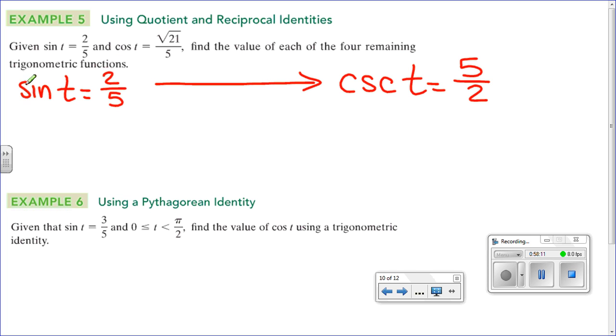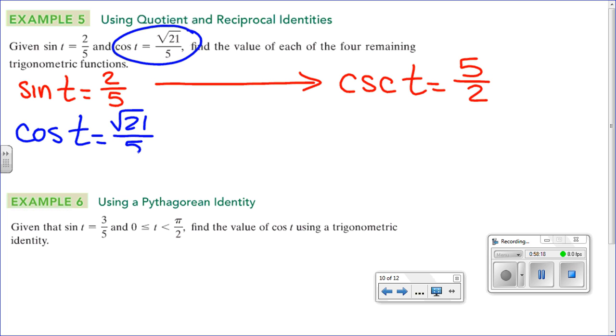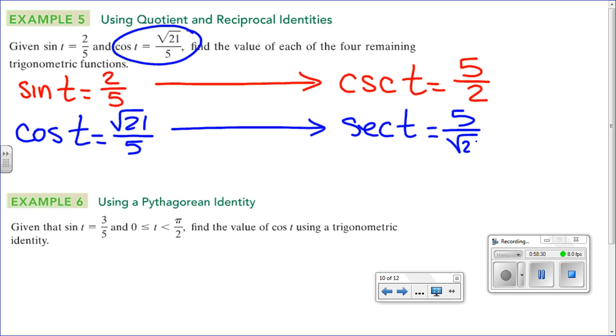Now we have here cosine of t is the square root of 21 over 5. So what is the reciprocal of cosine? So 5 over the square root of 21, and we need to rationalize. Square root of 21. Let me finish.